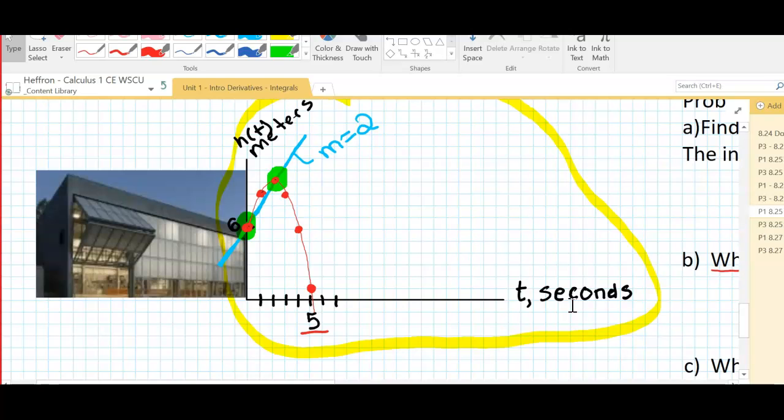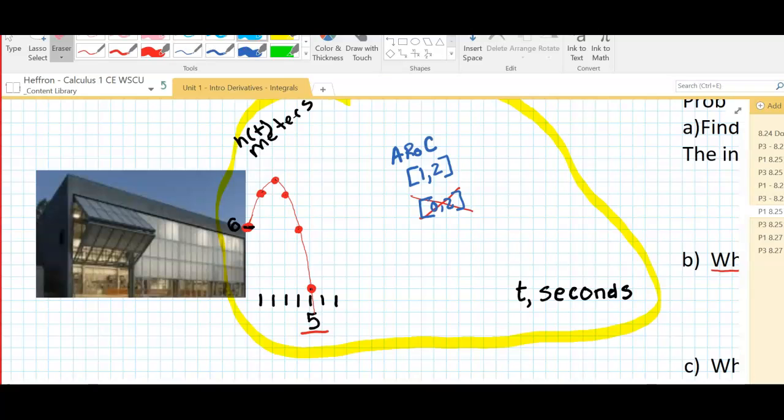And so on your picture, I want you to draw a new slope. I want you to draw the average rate of change on the interval from 1 to 2. Our first interval was 0 to 2. We're going to draw a new one. You don't need to erase yours, but I'm going to erase my old one.